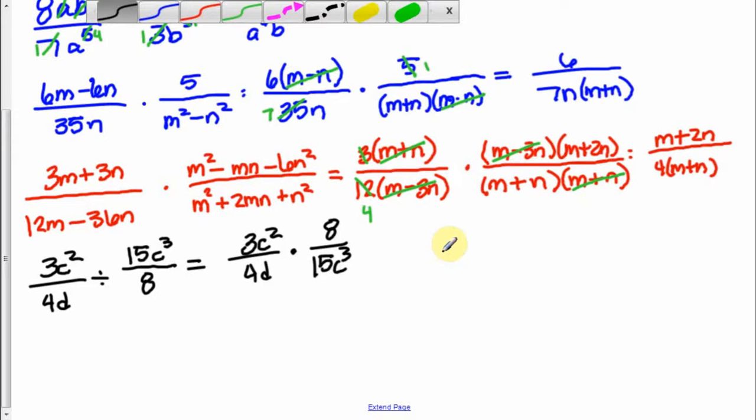Again, there are no plus or minus signs in this, which is wonderful because now all we have to do is just freely mark things out, right? Just start crisscrossing. Okay, so 4 goes into 4 once and into 8 twice. 3 goes into 3 once and into 15 5 times.